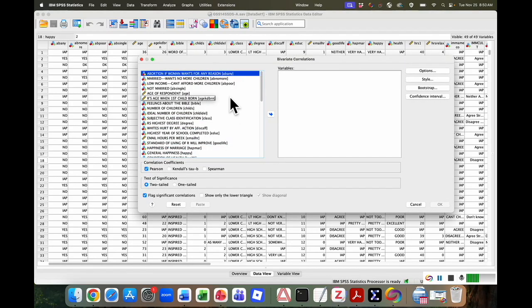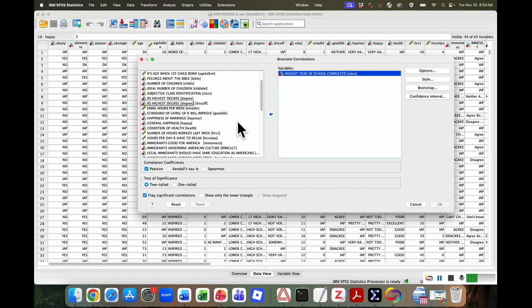For example, there's highest year of school completed for yourself, and then there's highest years of school completed for your mother, your spouse, and your father. Now let's look at highest years of school completed for this one, and we also want the number of hours worked last week, which is hours 1.